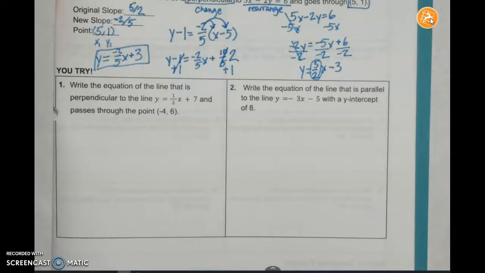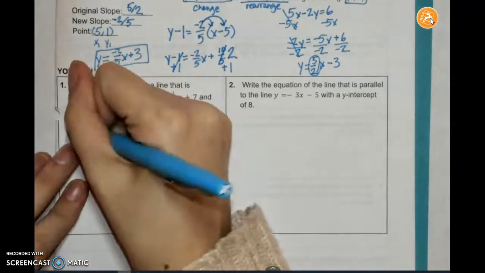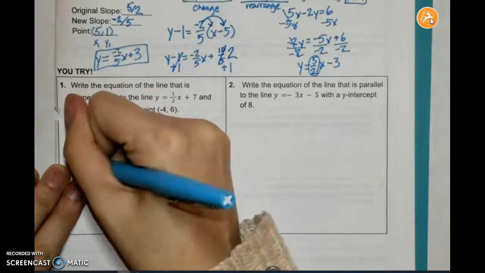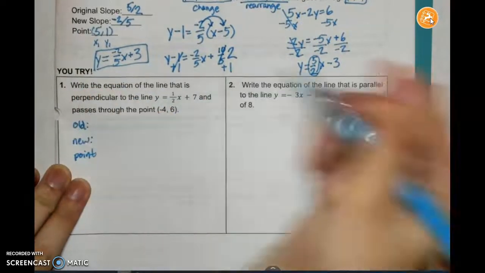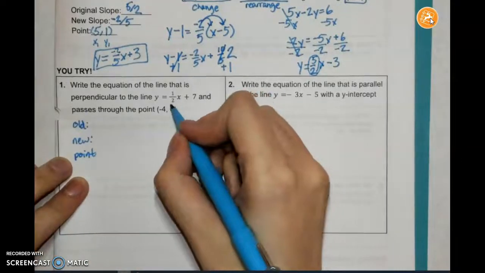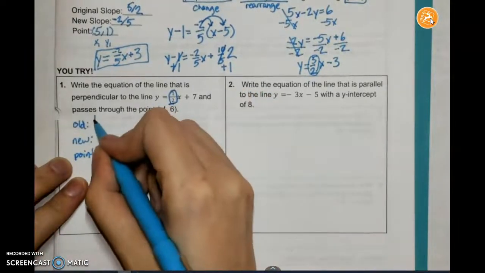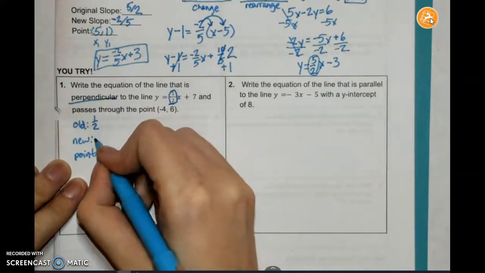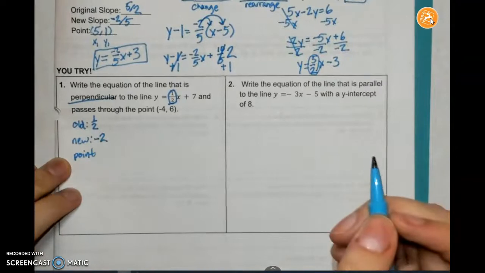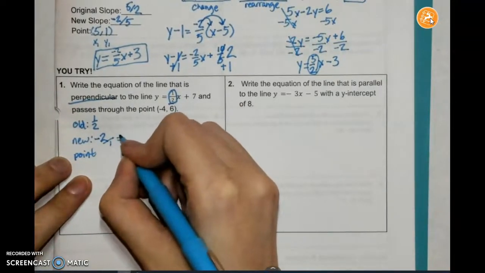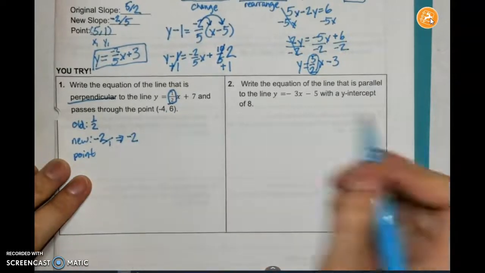Okay, welcome back. Let's try this out. So we're going to look for the old slope, the new slope, and a point. So our old slope is 1 over 2. And it's perpendicular, so we're going to switch that to negative 2, because it becomes negative 2 over 1, which is the same as negative 2.